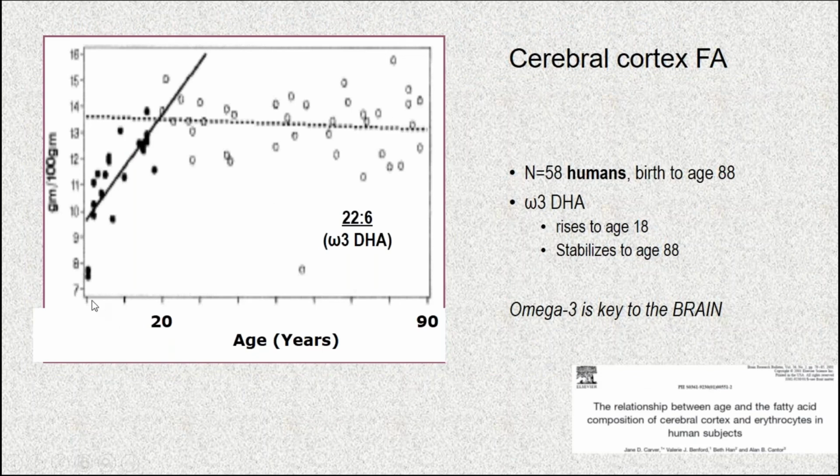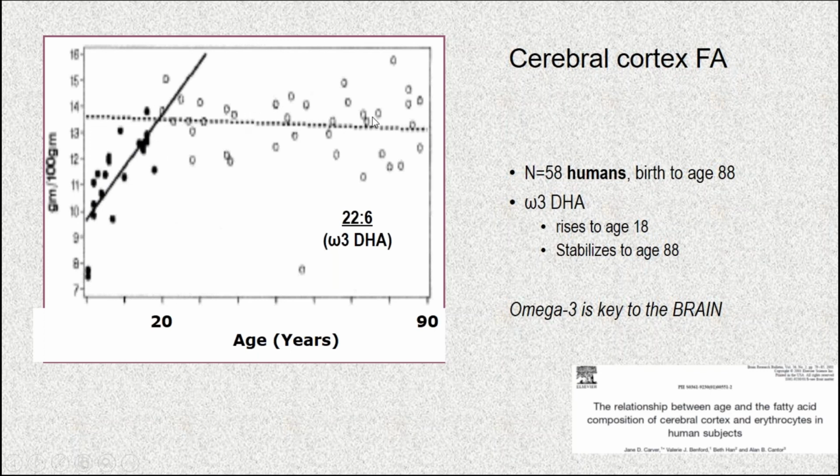This is another autopsy study, but instead of going for 2 years, it goes out to 90 years, or actually the most aged person in this study was age 88. And what you can see is that rapid rise up to 2 years of age, but it keeps going up to about 18 years of age, 18 or 20, something like that.